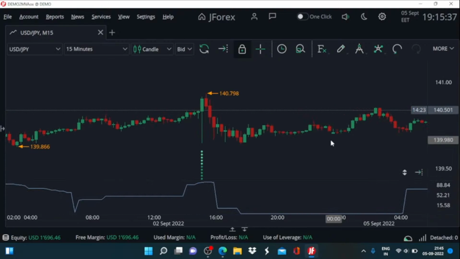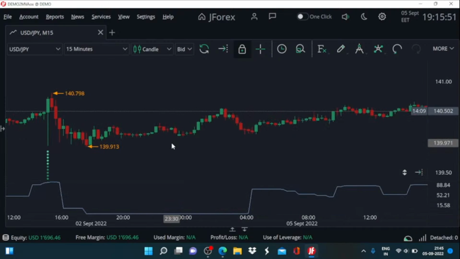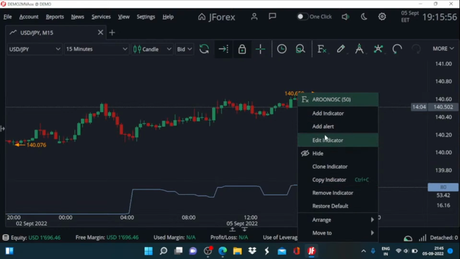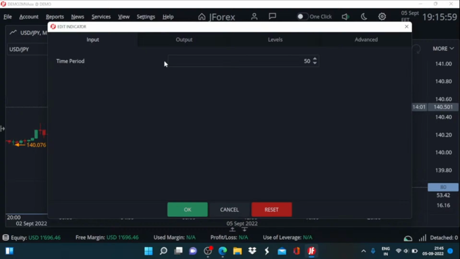And when the scenario changes, if the price drops closer to the low of the range, we will have the Aroon oscillator value entering into the negative territory, dipping below the zero level. So that's how this indicator works, and various editing options which are provided to us.